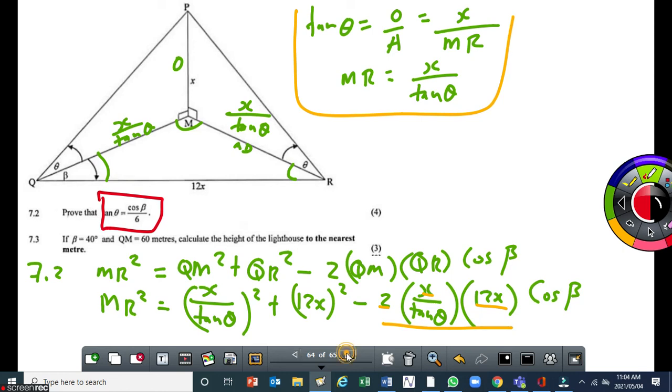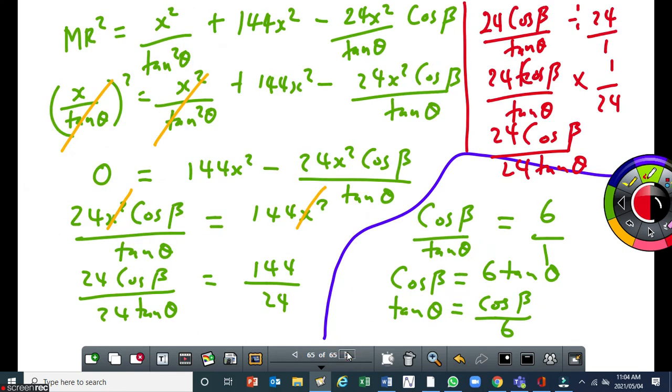So from this equation here, I'm going to use this equation to calculate tan theta. Then once I get tan theta, I can calculate x. I'm given QM.